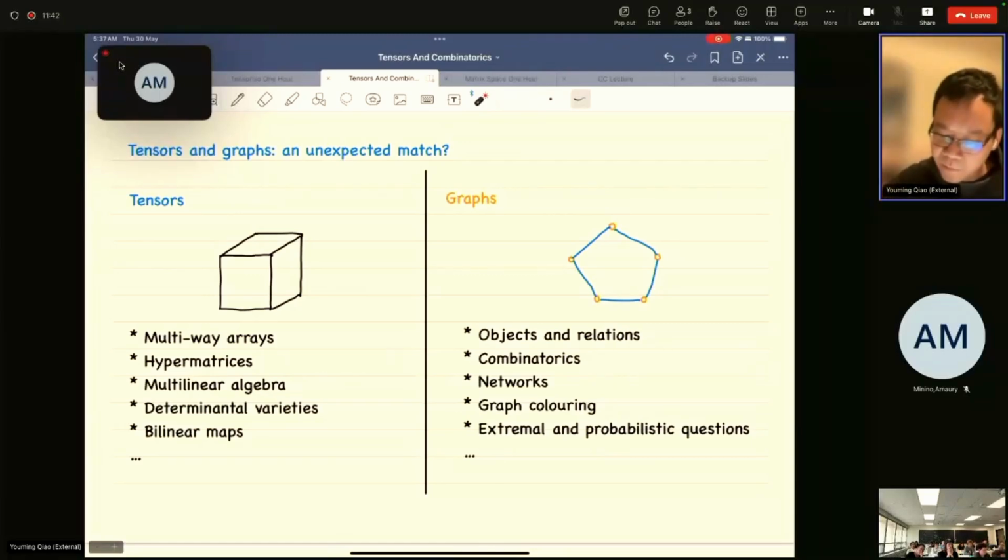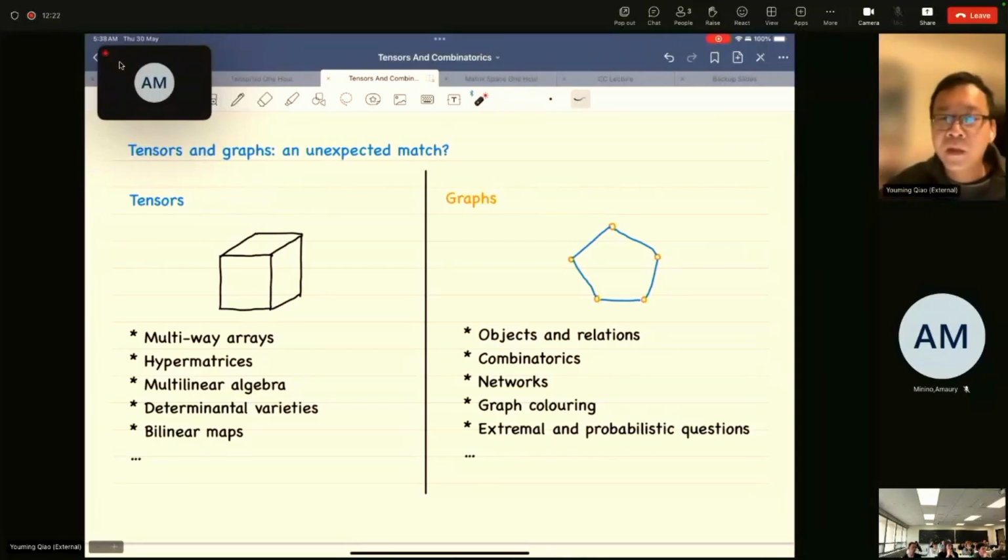On the other hand, if you look at graphs, here is a very naive graph, 5 vertices and 5 edges. When we talk about graphs, we think about objects, the vertices, and we are trying to record their relations. Graphs are a prime object in combinatorics, mostly. We can also think of them as networks. For mathematical problems, you may have heard of graph coloring, like the four-color theorem.